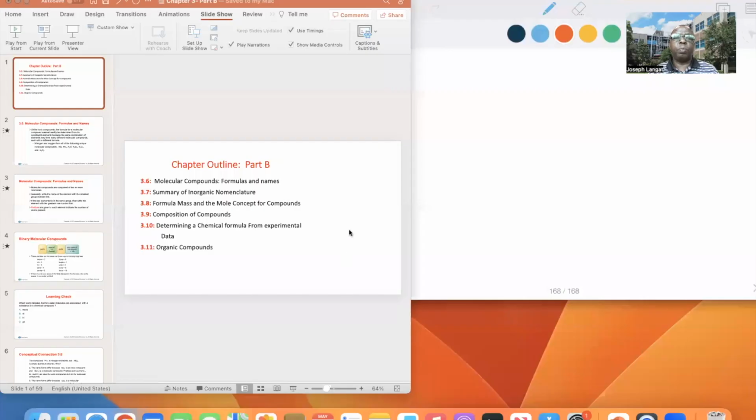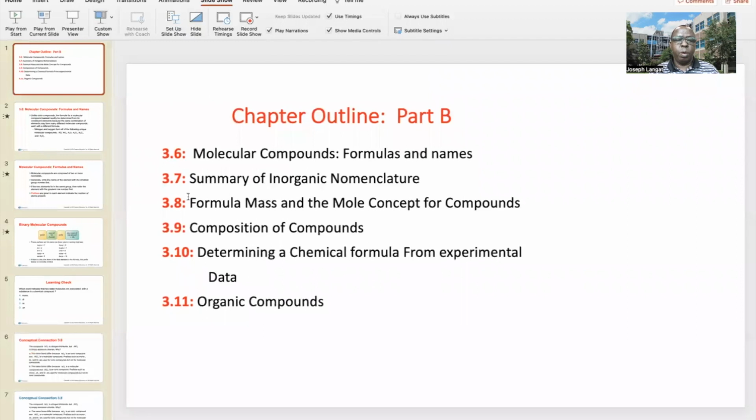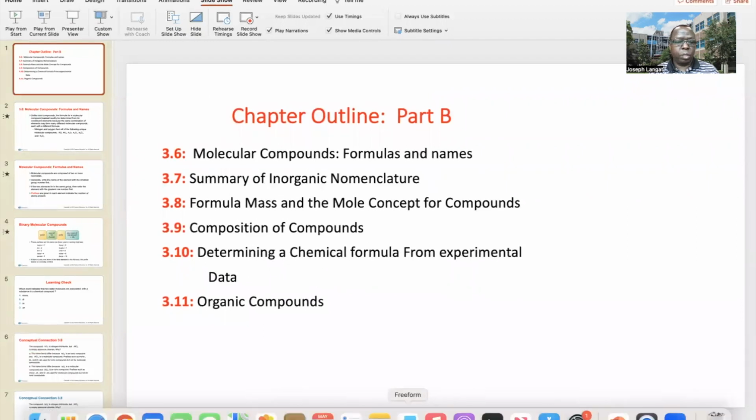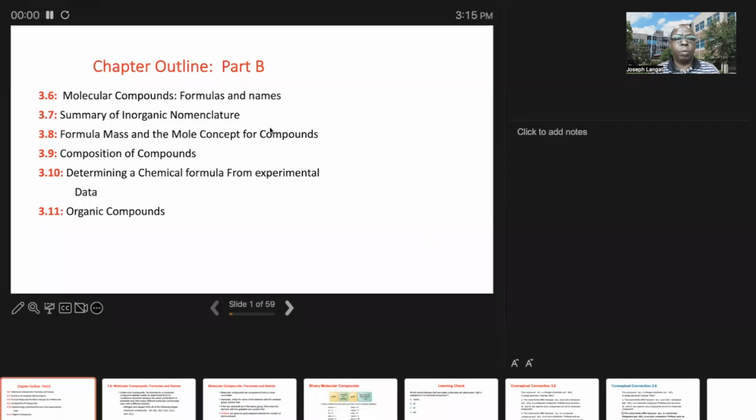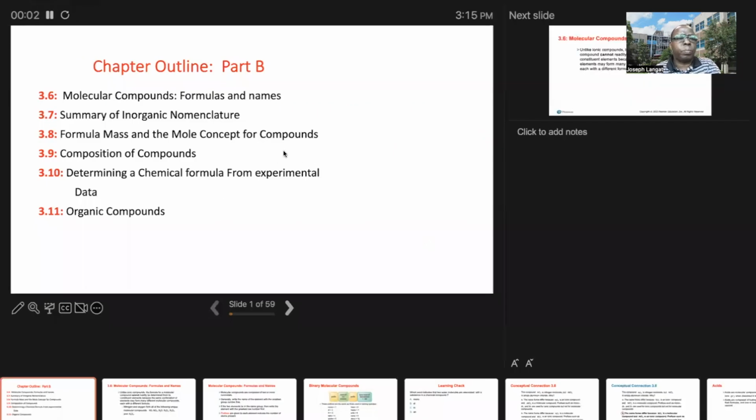Today, this is the roadmap of what I intend to cover. In section 3.6, we will look at molecular compounds, formulas and names.